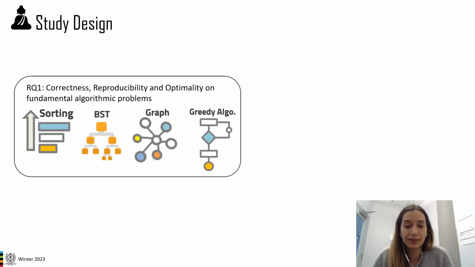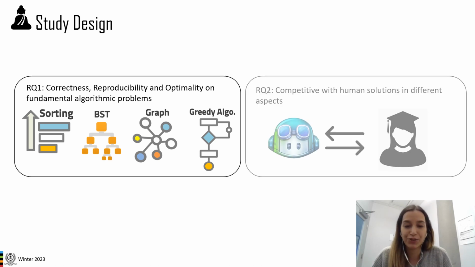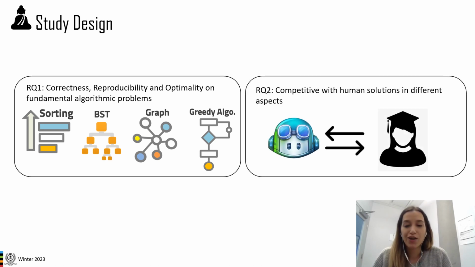In this study, to partially answer that question, we designed two different parts. In the first part, we dig into fundamental algorithmic problems such as sorting, BST, and graphs, which are very essential for assessing someone's programming skills.